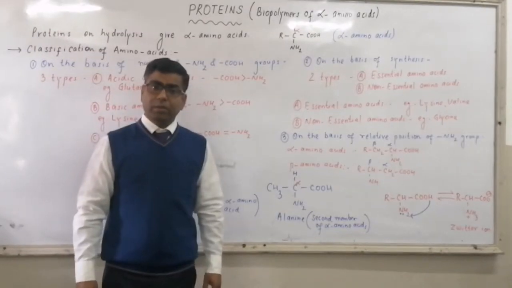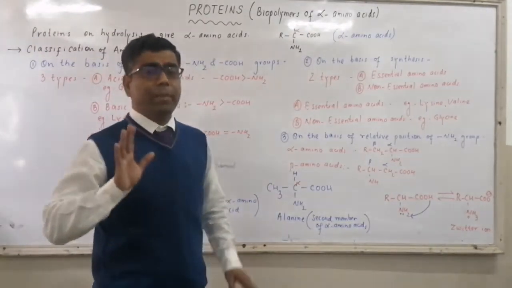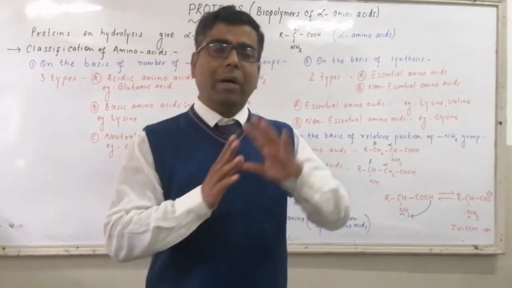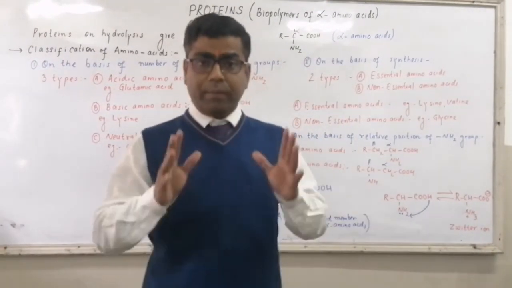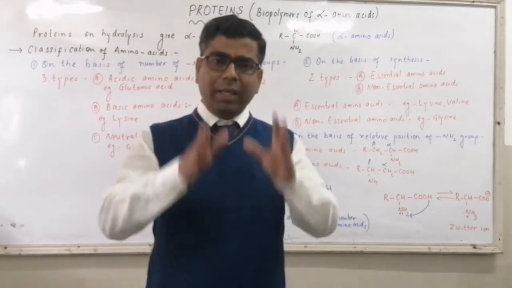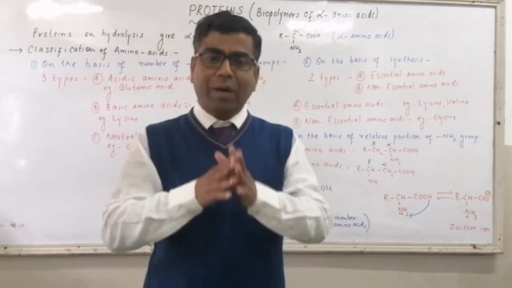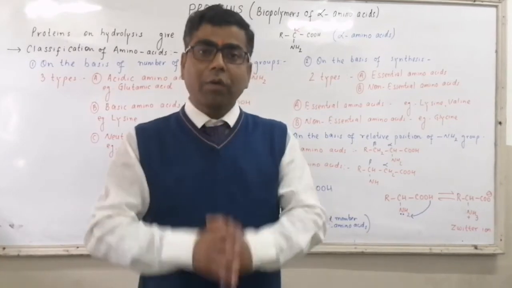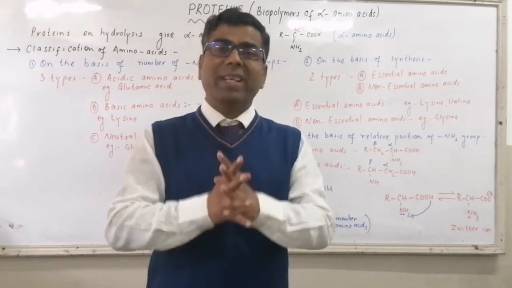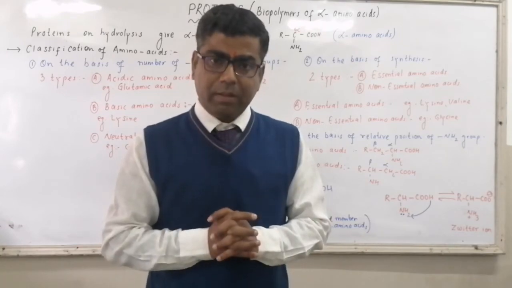So the simplest member is optically inactive, while all the rest of the alpha amino acids are optically active in nature. One more important point here: only 20 types of alpha amino acids are involved in protein formation, in protein synthesis.